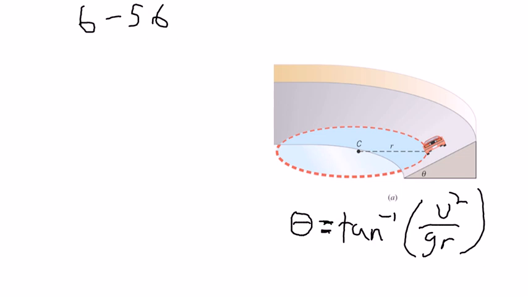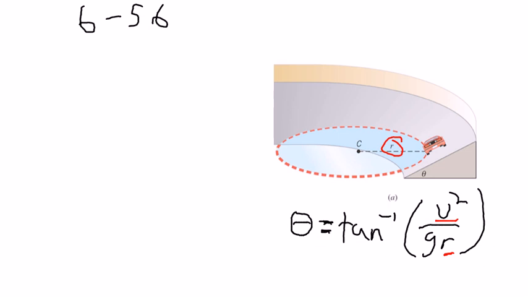So we're given the recommended speed, v, and the radius of curvature, r, which you can see here in the drawing, and so you can determine the angle that the road is banked at. So that's the first step, to get that angle.